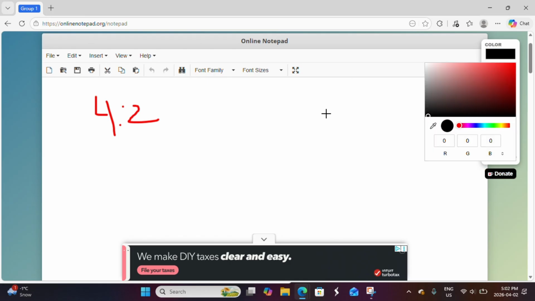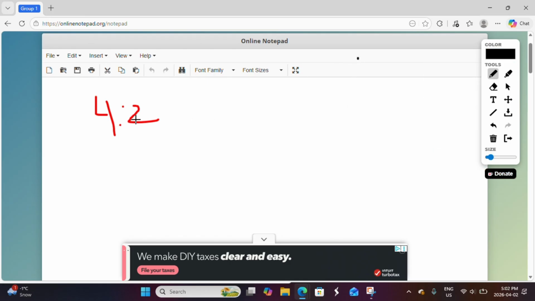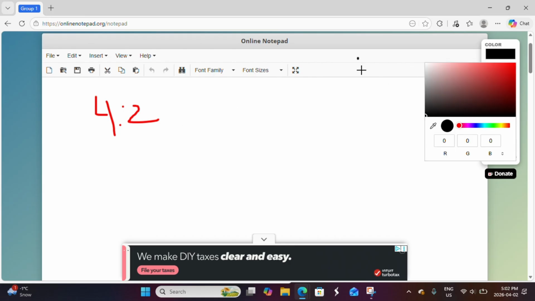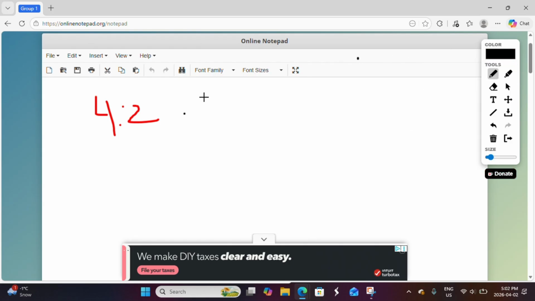In soccer, let's say you have a 4 in 2 chance based on your stats from that season that you're going to score in that specific angle or in that specific distance, right? And the odds against that would be 2 to 4, 2 to 4, right?